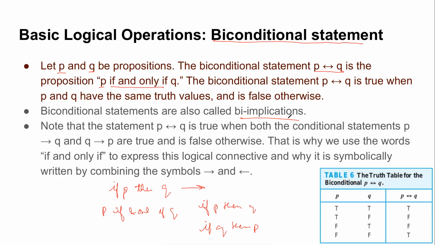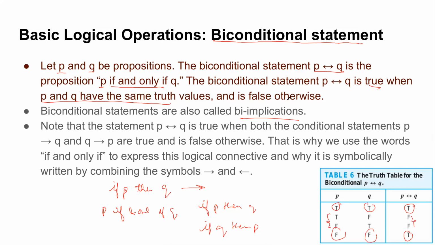Okay, in general, how does its truth table look? The biconditional statement is true whenever P and Q have the same truth values. So if they have the same truth values, whether it's true or false, it's going to be true. But whenever they have different values, then it's going to be false.